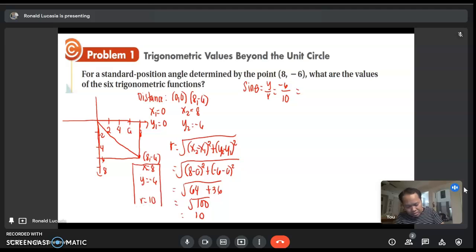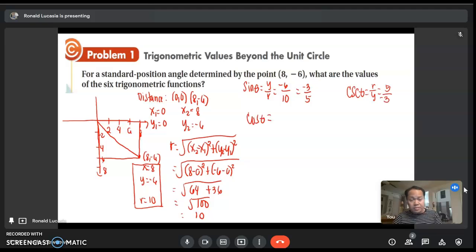I'm just going to list down the given. Expressed in lowest terms, our sine theta is negative 3 over 5. And then we can immediately solve for the cosecant theta because that's the inverse of sine theta. So cosecant theta, that is r over y, or this is equivalent to 5 over negative 3.